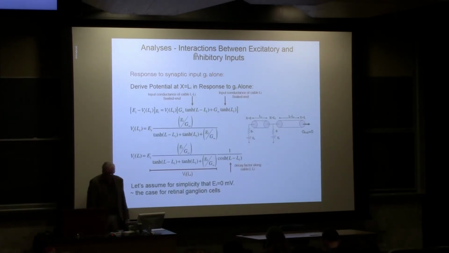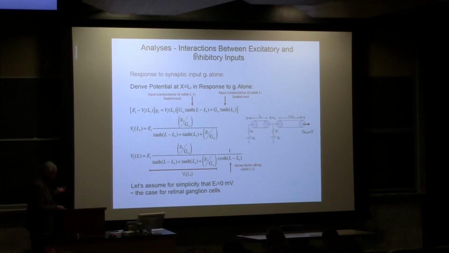So the next step here is to ask the question, okay, well, what if we ignore the excitatory input and only apply an inhibitory input? So this synaptic conductance is now non-zero. It's something other than 0. So again, whatever that synaptic conductance is, whatever this reversal potential is, we can solve that problem.